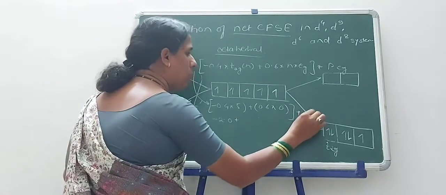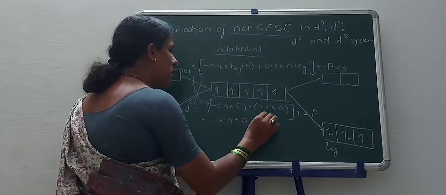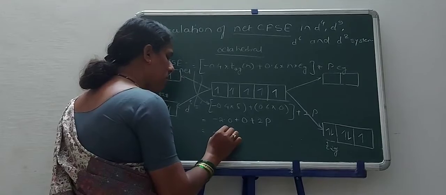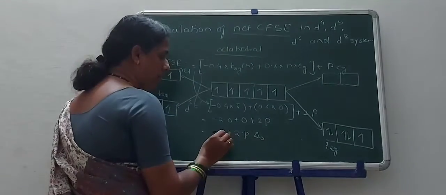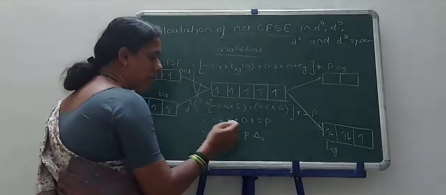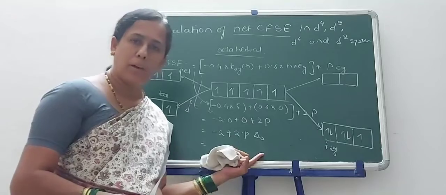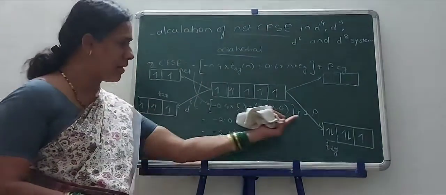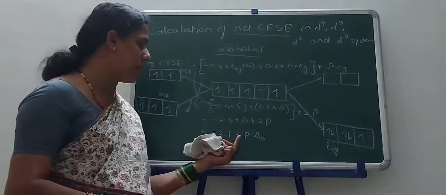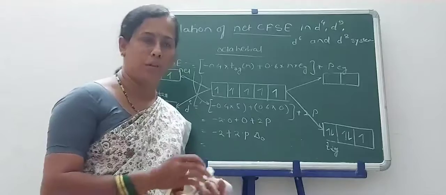That is 2P. Therefore, it is 0 plus 2P, which equals minus 2 plus 2P delta octahedral. So in the case of the d5 electron system, along with the pairing energy, CFSE net is equal to minus 2 plus 2 into the pairing energy, delta octahedral.